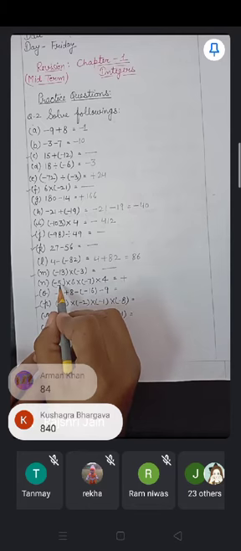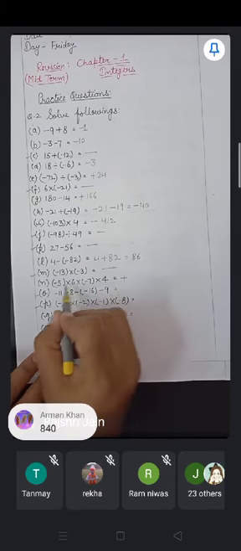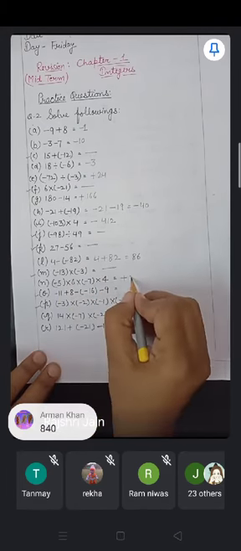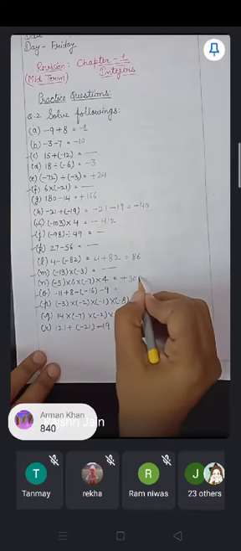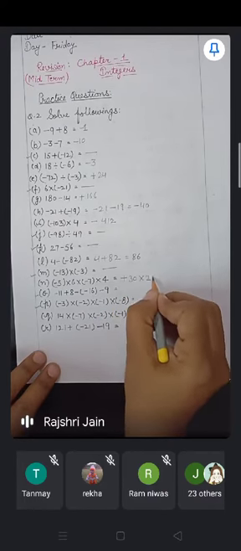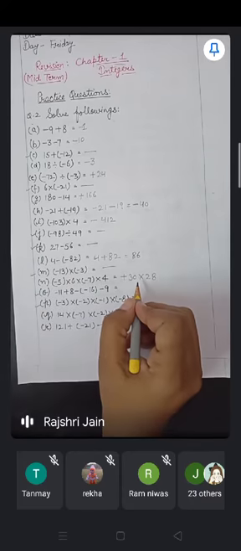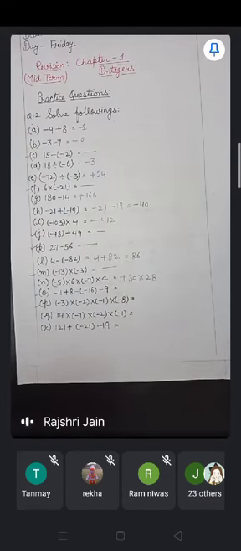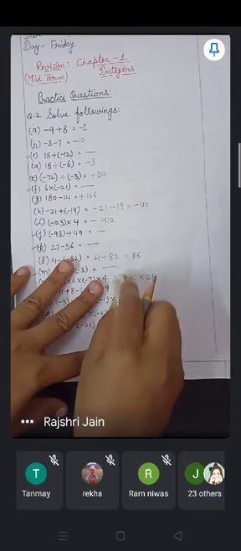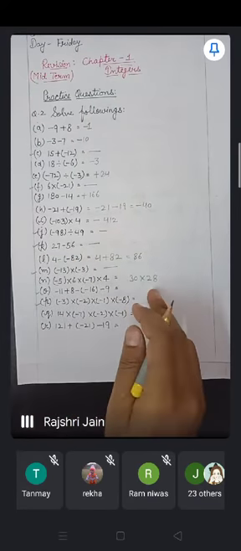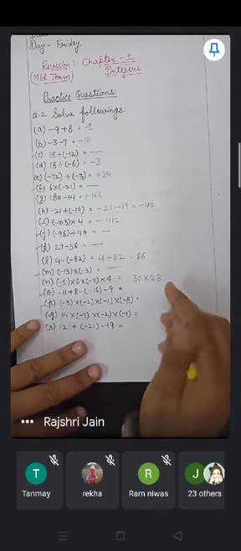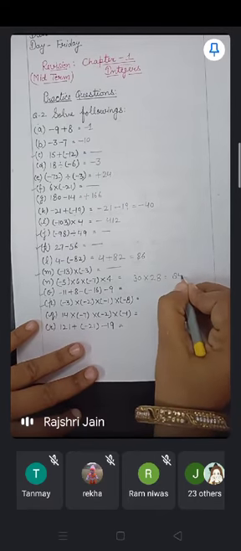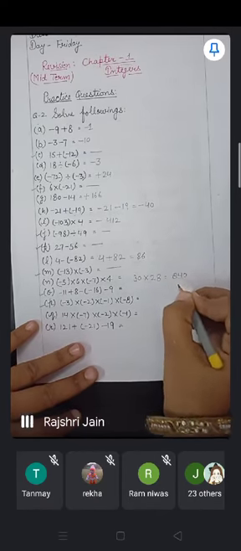Now multiply them. 5 into 6 will be 30, and 7 into 4 will be 28. So you have to multiply 30 with 28. It is positive. 30 into 28 will be 840. Plus 840.